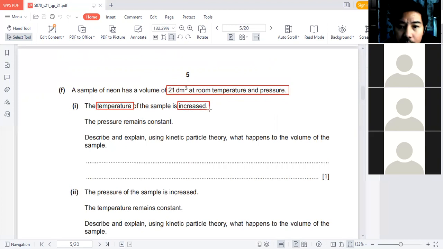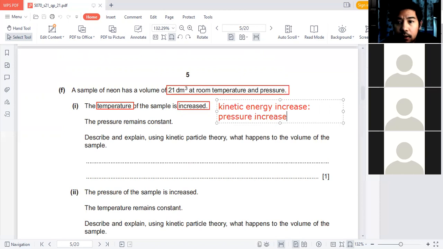So what happened? Kinetic energy increases. Pressure remains constant, sorry.